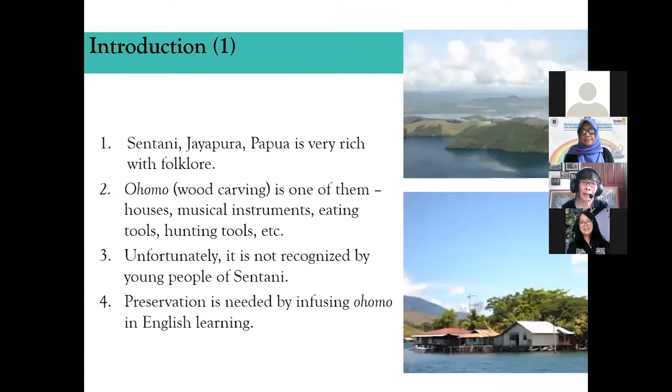Okay, Sentani in Jayapura is very rich with folklore. Sentani people live on islands and at the edge of Lake Sentani in Jayapura. It is very beautiful. And Ohomo, or wood carving, is one of the folklore. So they have it in houses, musical instruments, eating tools, hunting tools, and so on.